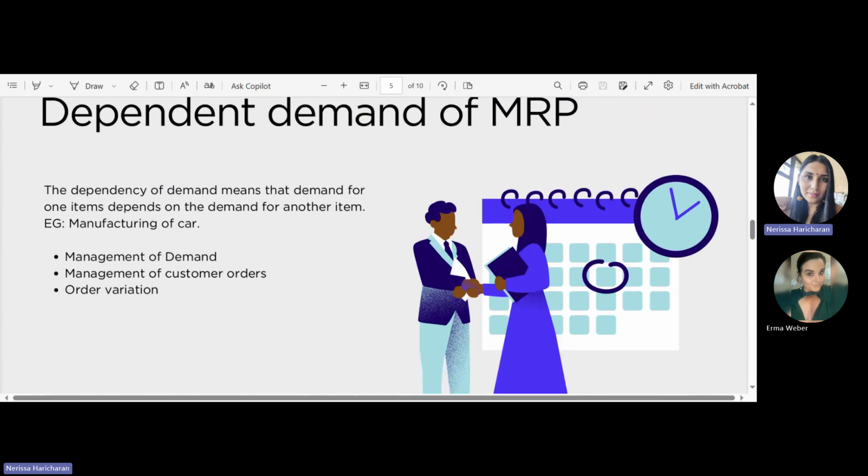So when we look at the management of demand specifically, once a business or an organization manages not only the orders that they get from their customer, but also the demand that they've forecasted within their business, this is known as demand management. So one cannot exist without the other.